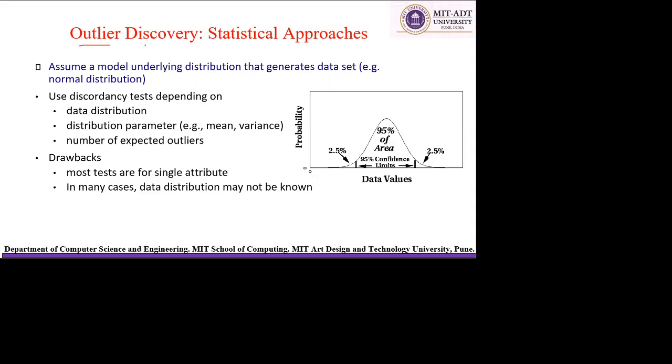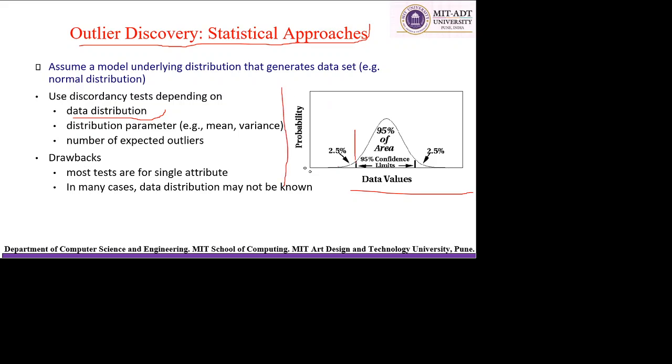Now the outlier discovery. There are different statistical approaches that can be used for outlier discovery, based upon the data distribution. So we can see the data distribution. There is a curve where the data values are plotted on the x-axis along with the probabilities.